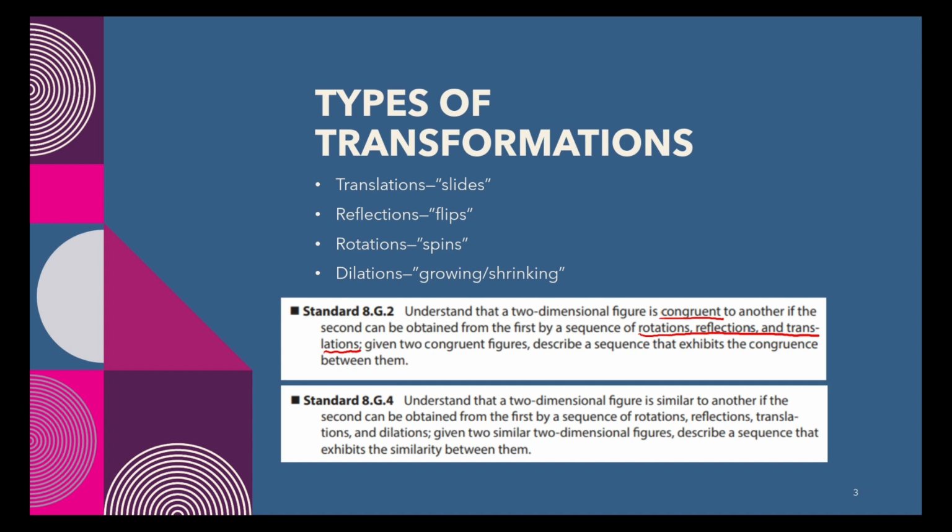That was me essentially trying to shoehorn this definition of similarity in, where similarity comes through a sequence of rotations, reflections, translations, and dilations. Essentially, you lay them on top of each other, with one having to be shrunk or stretched in order for them to match.